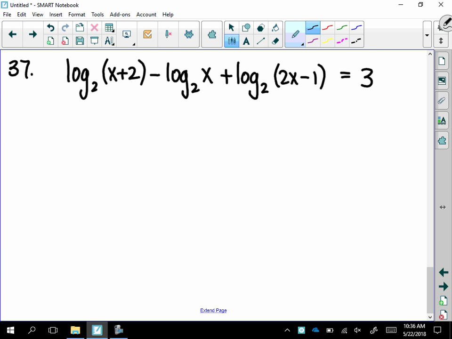You have multiple logarithms in this equation, but we've got to consolidate them down to a single logarithm. The first 2 logs with the same base are joined by a minus sign, so that would become log base 2 of x plus 2 over x.